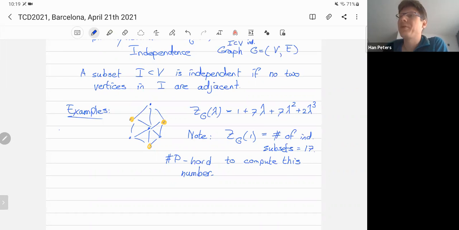So it is more difficult than an NP-hard problem. Of course, we don't actually know whether NP is P. Probably it's not, but this is one of the millennium problems, I think. So we cannot say that if a problem is sharp P-hard, then there does not exist a polynomial time algorithm, but probably there is not.